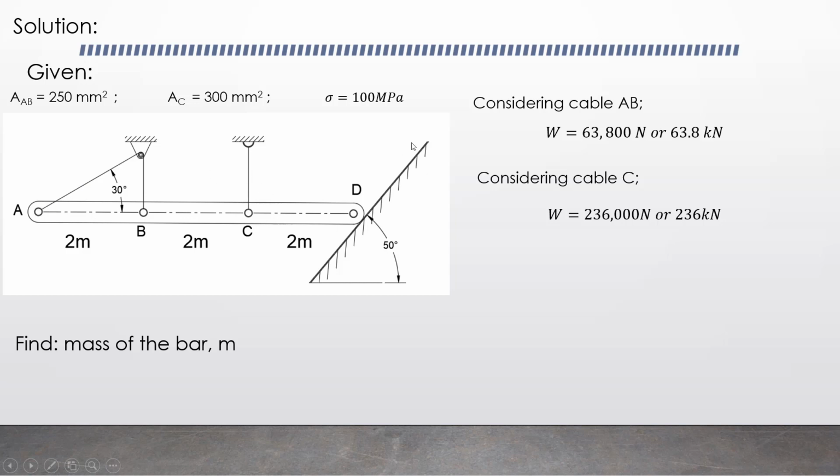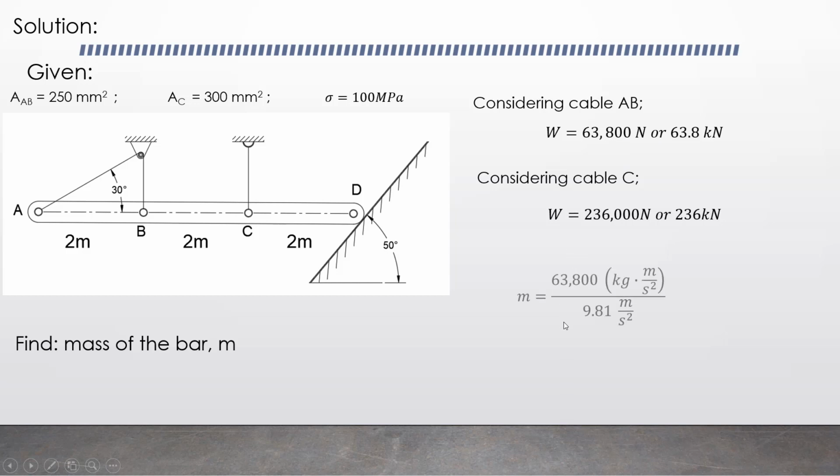So we are going to use the value we got from cable AB, because when we use 236,000 Newton to get the mass, cable AB will be damaged, since it is weaker than cable C. So we're going to use 63,800 Newton to get the mass of the bar.